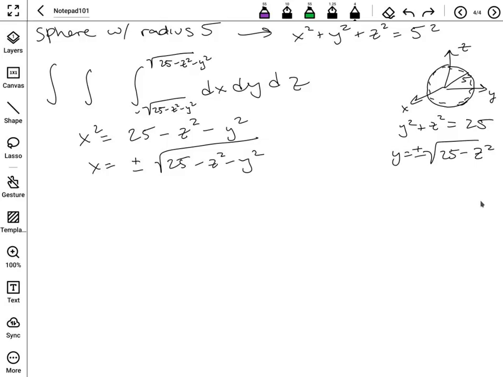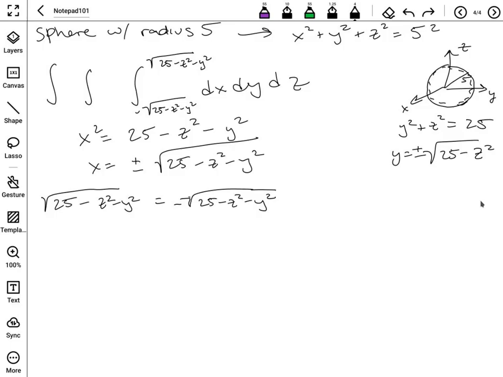Or setting my previous bounds equal, I've got root 25 minus z squared minus y squared is equal to negative root 25 minus z squared minus y squared.